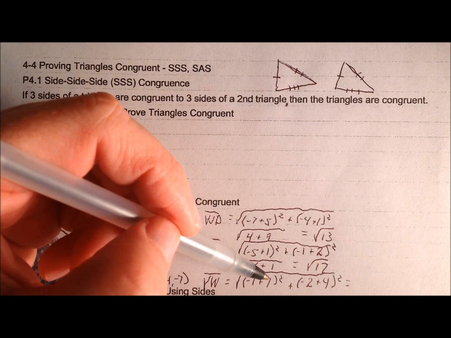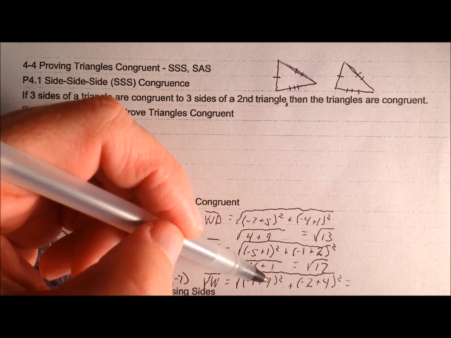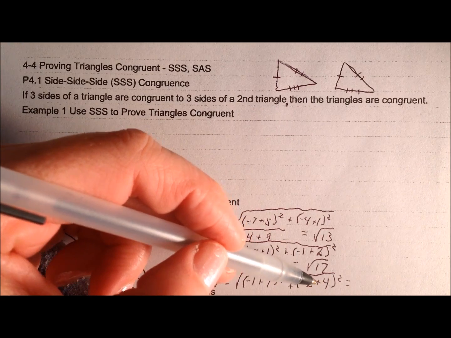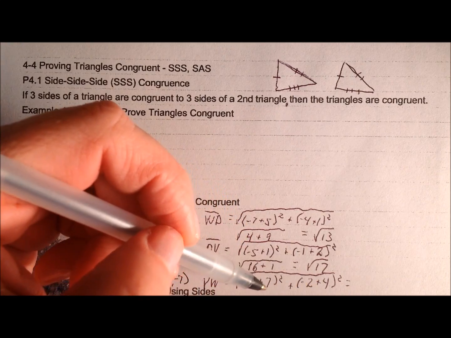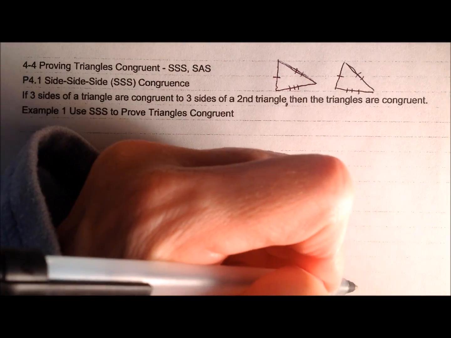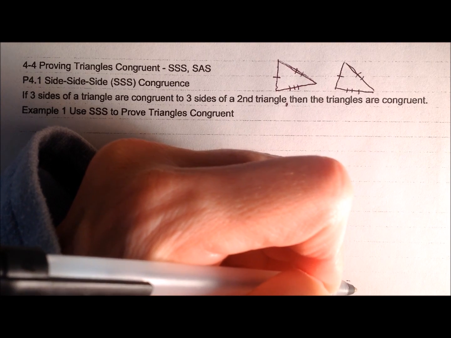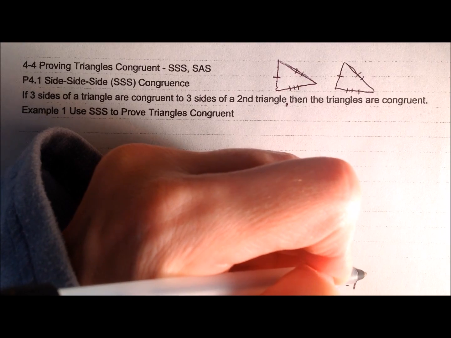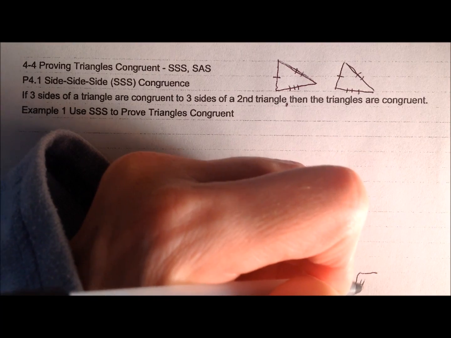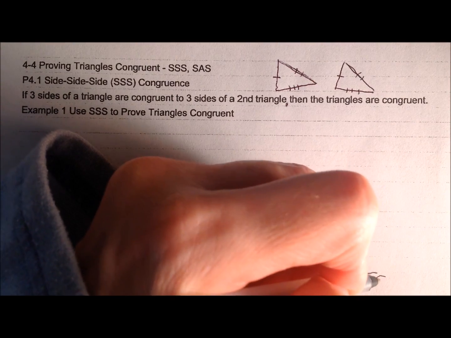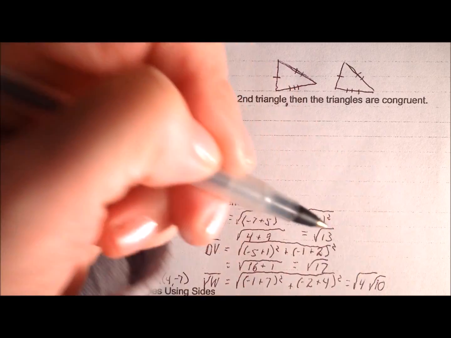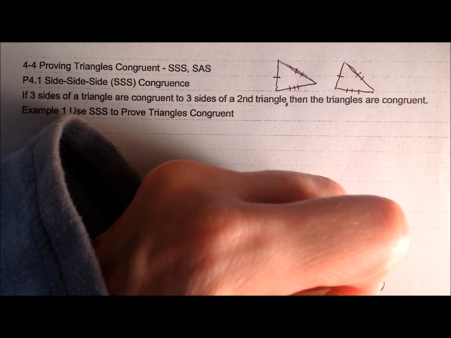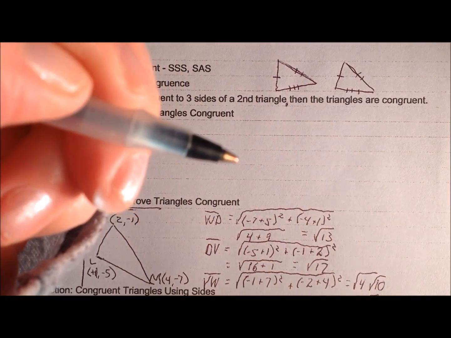So this would be 6 squared, which would be 36, plus 2 squared, which is 4, so 36 plus 4 is 40, radical 40. And radical 40 could be rewritten as radical 4 times radical 10, and therefore we have 2 radical 10 for our third side.